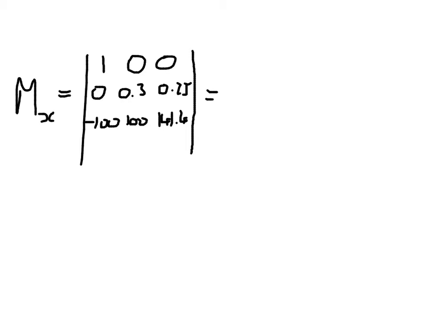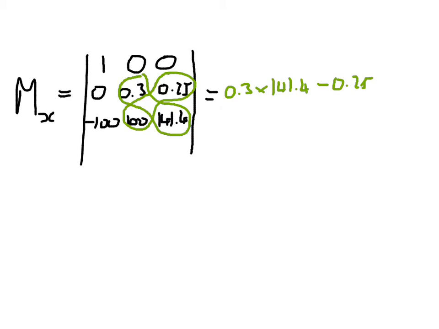We're going to do exactly what we did before. So to start with, 0.3 times 141.4 minus 0.25 times 100. I'm going to times it by 1.